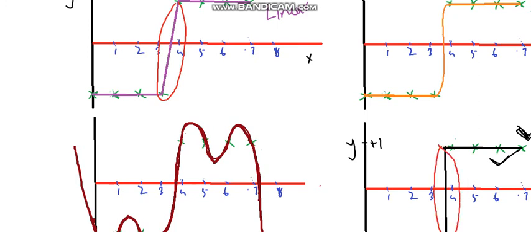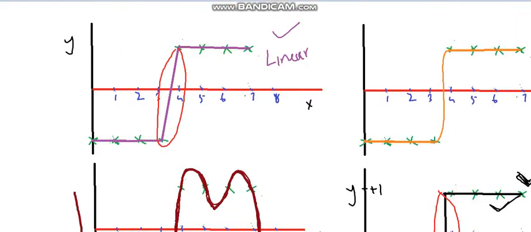So that is the linear interpolation technique, and it is not that accurate between points 3 and 4.